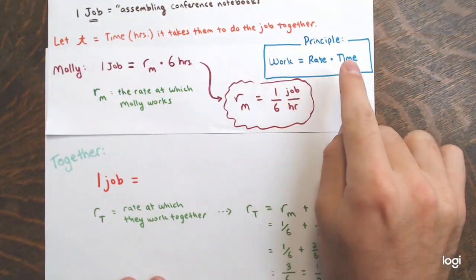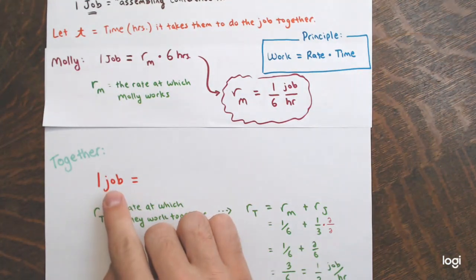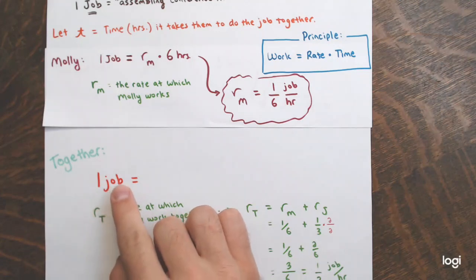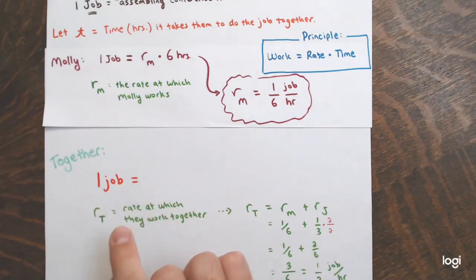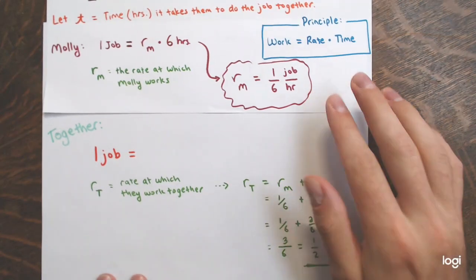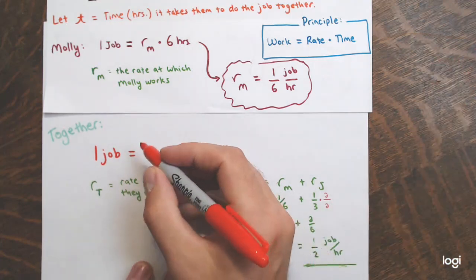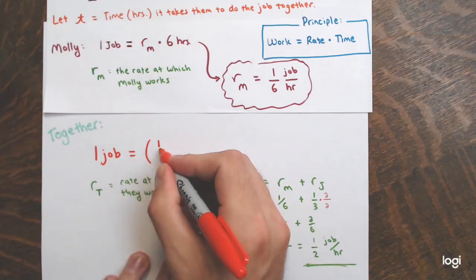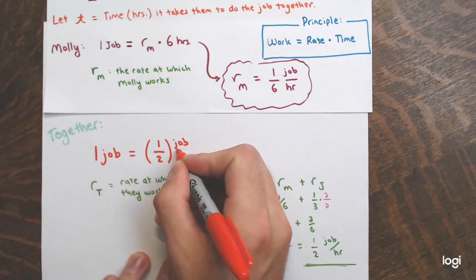So again, I'm working on this work equals rate times time principle. So the work they're doing is the whole job, assembling all the notebooks. That's equal to the rate. I have the rate. That's this half a job per hour down here. So the one job equals half the job per hour. Again, if you want to put the units in, that's not wrong.